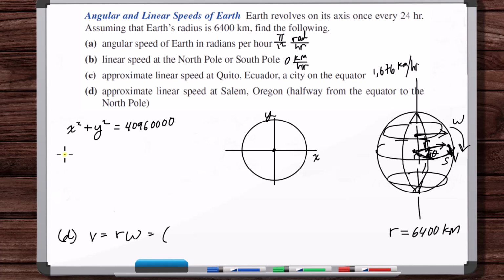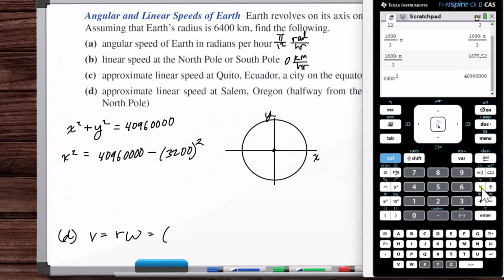So x squared is, and we can subtract y squared from both sides, 4,096 with four zeros minus 3,200 squared.